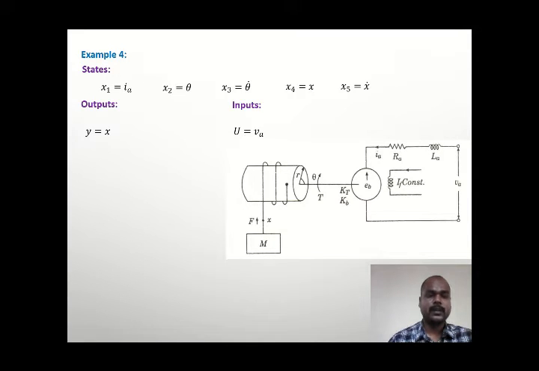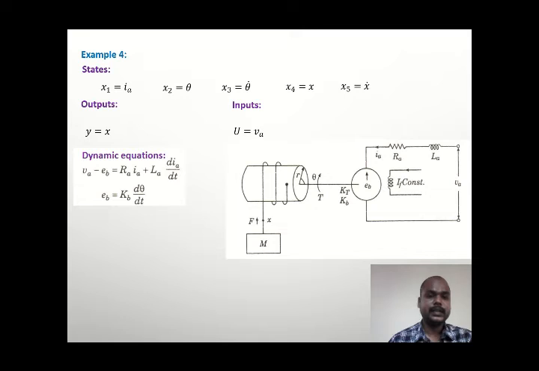So our output will be the displacement measurement, which is the displacement of the mass, and the input will be again the voltage. So we can relate this system to some kind of weight lifting mechanism via motor.